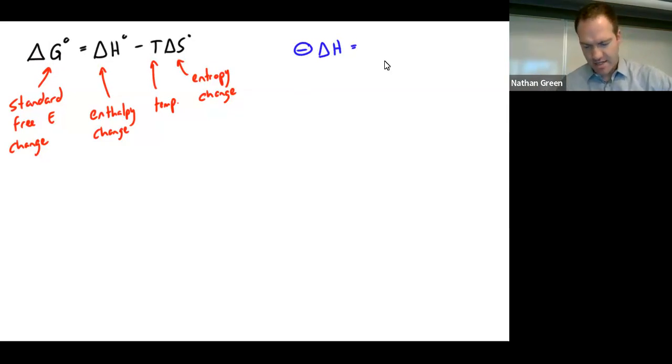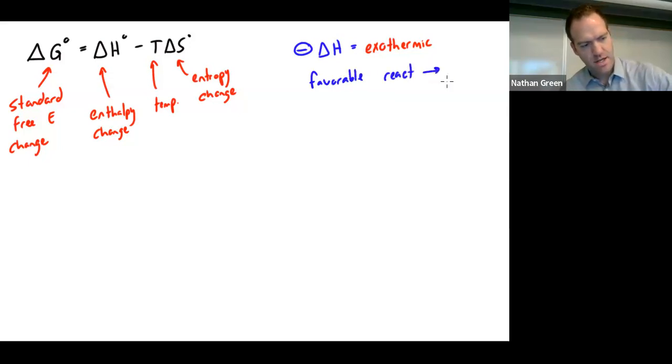If we have a negative delta H, that is called exothermic, and that is favorable for turning reactants into products.